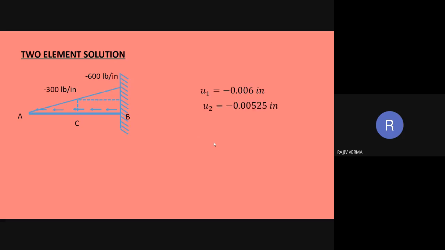U2, that is displacement at node C, comes out to be minus 0.00525 inches. Displacement at node B obviously is 0 because it happens to be a constrained node.